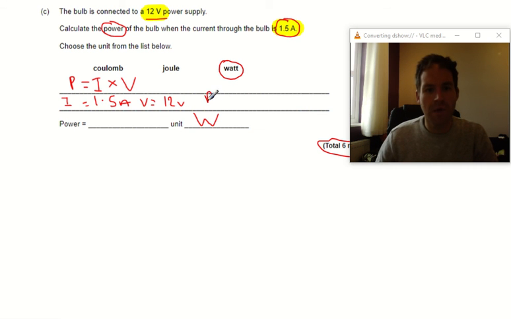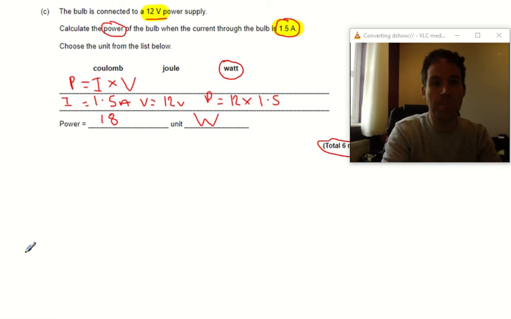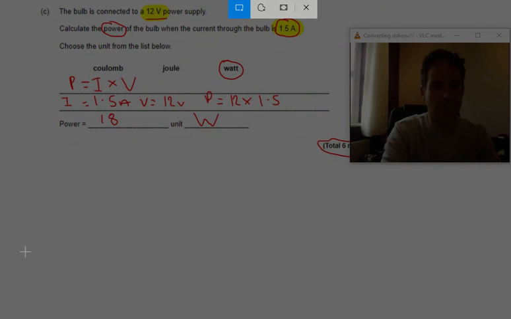So P equals 12 times by 1.5. So 1 lot of 12 is 12, half of 12 is 6, 12 plus 6 is 18. And that is the answer to that part of the question. Okay.